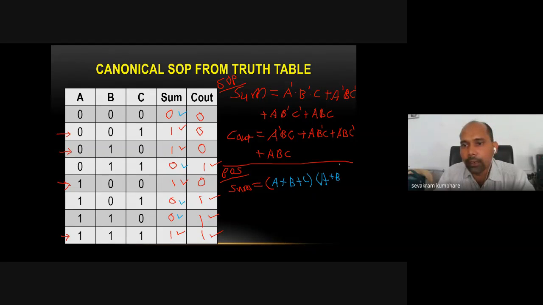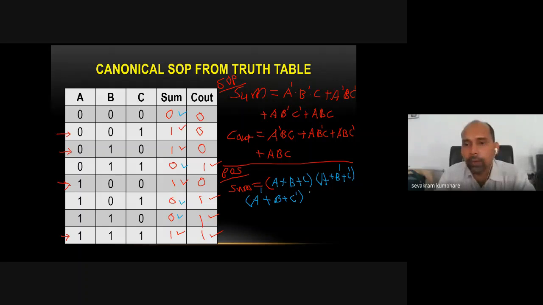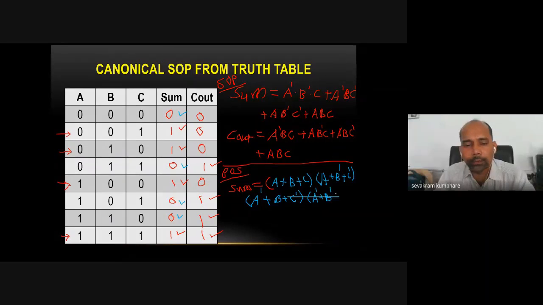So A plus B bar plus C bar. Got this? Again, here A is 1, so A bar plus B is 0, so B, plus C bar. Here A is 1, B is 1, C is 0, so A bar plus B bar plus C.